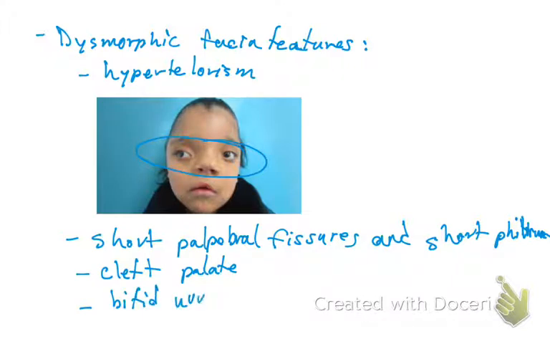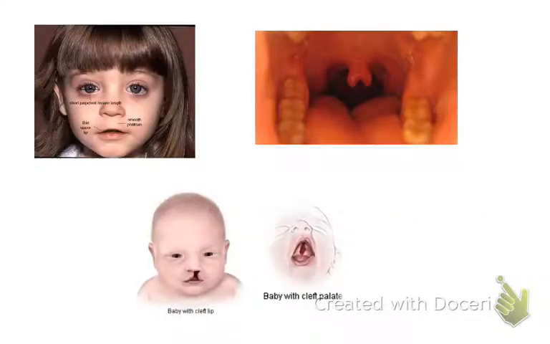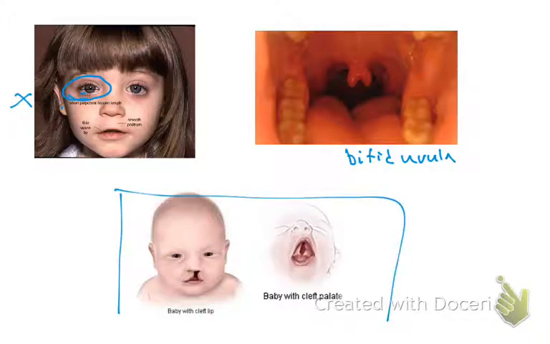Let me quickly show you a picture of those that we described. Here we can see the bifid uvula. In this other picture, you can see the short palpebral fissure, the distance here, which is going to be shorter than usual. The other one is the cleft palate that we already saw before.